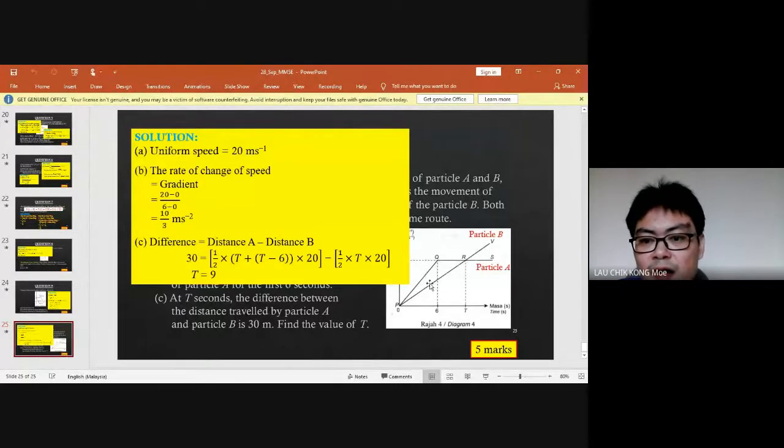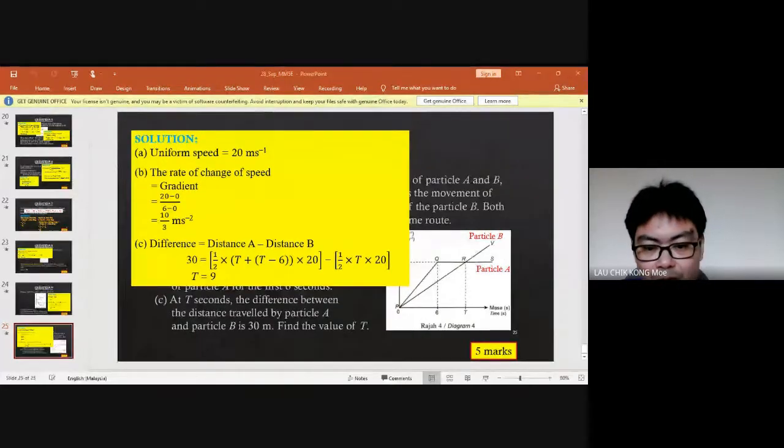You need to find the area under the graph. For particle A it is a trapezium, and for particle B, a triangle. So finally you will get T equals 9. So this is the solution for all the questions in section A, from question 1 to question 10.